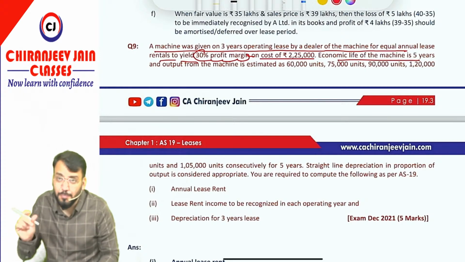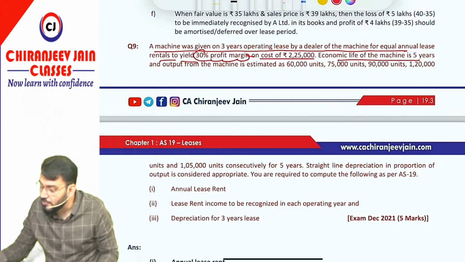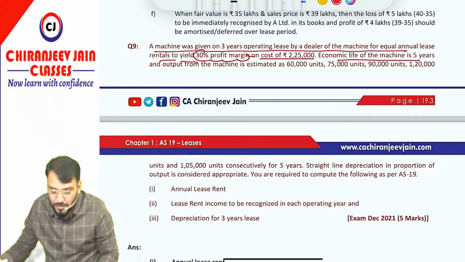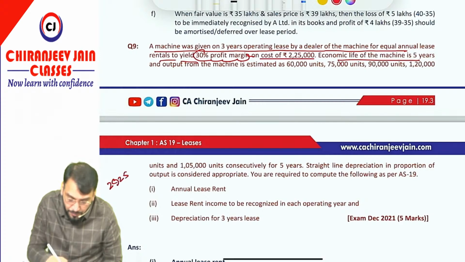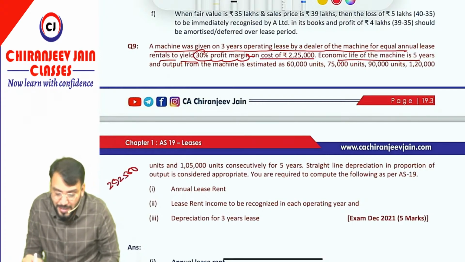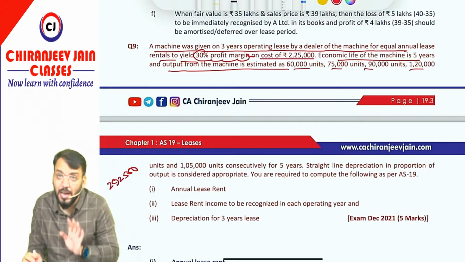What is the total amount to be recovered in 5 years? That is 2,25,000 plus 30%. So 2,25,000 into 30% plus, the total becomes 2,92,500. Now they are saying the output from the machine is estimated. So the 5-year output has been given.